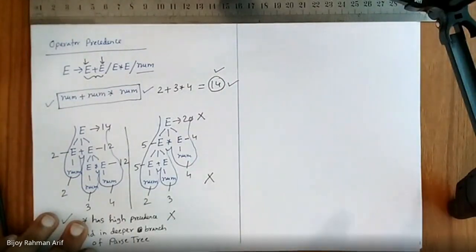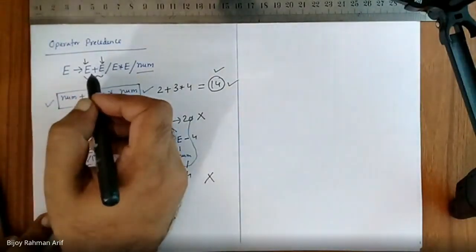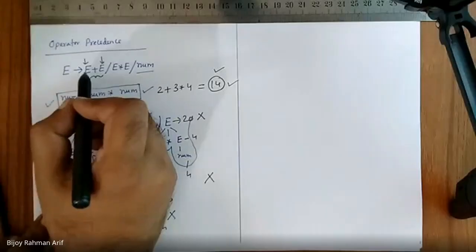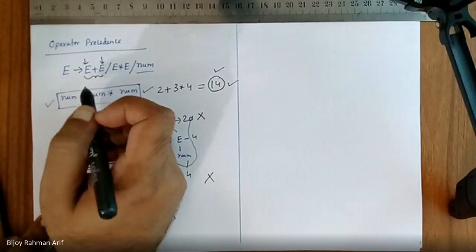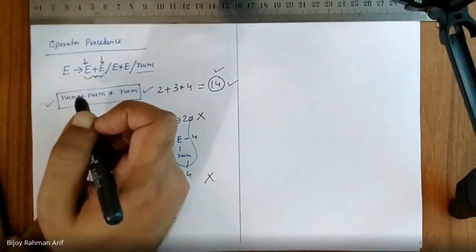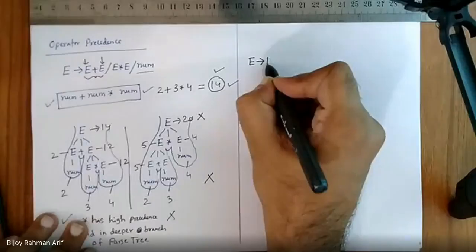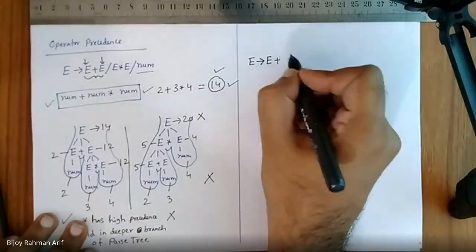It also has an associativity problem. Yes, right, because it has left recursion and right recursion. So you have to fix that one first. What is the associativity of plus? Left. So there will be recursion only on the left side. On the right side there will be none.